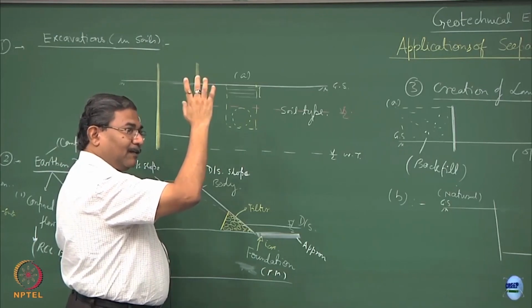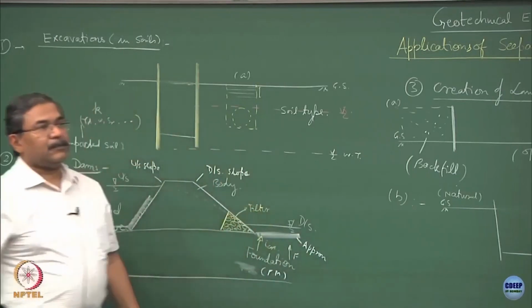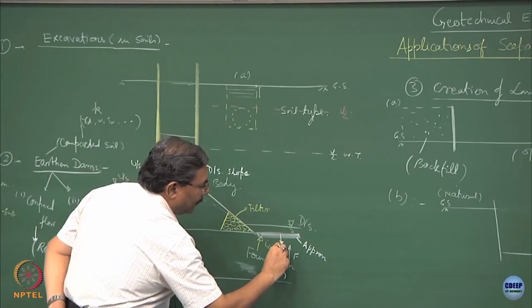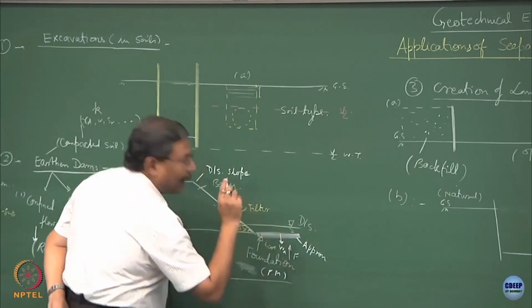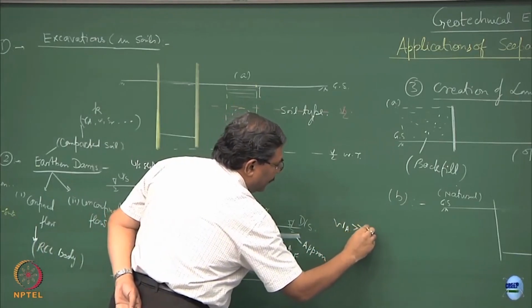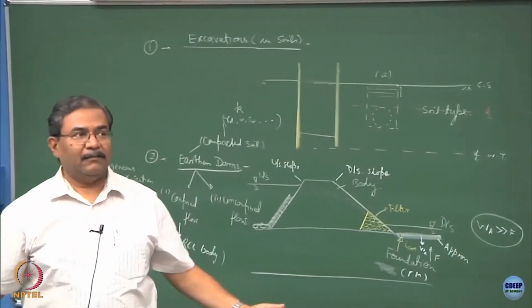We have analyzed that. So, F is acting in this direction, seepage force. So, by creating this apron, what I am doing? I am putting W_apron, which is going to be greater than F. The moment I have done this, I am safe. Is this part clear mathematically?